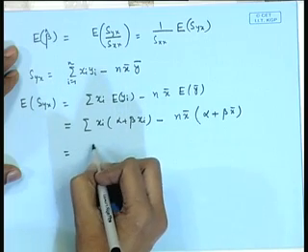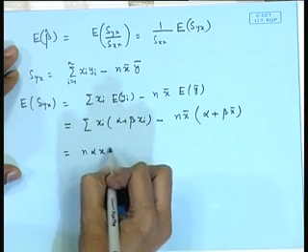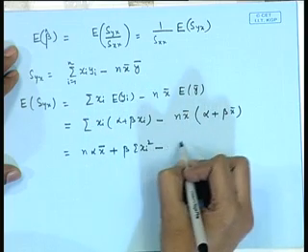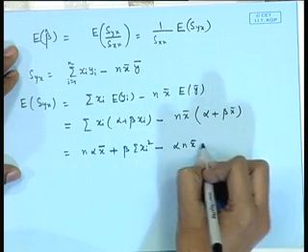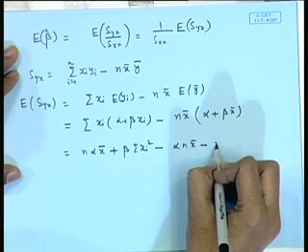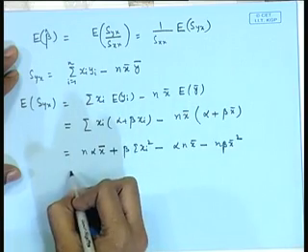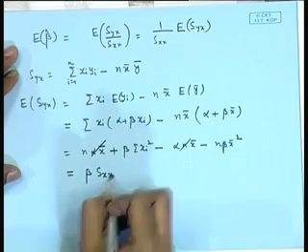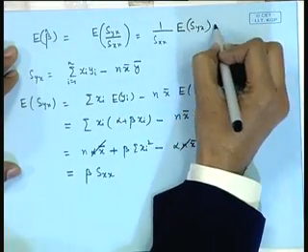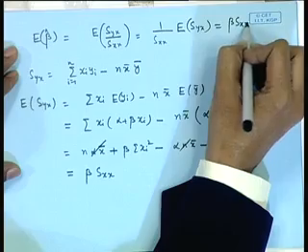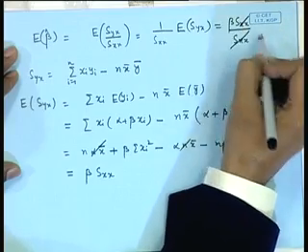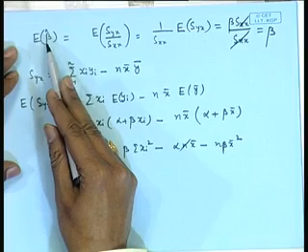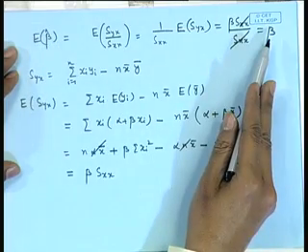So, this term after simplification becomes n alpha x bar plus beta sigma xi square minus alpha n x bar minus n beta x bar square. So, this is becoming beta Sxx. If we substitute this value here, I will get beta Sxx by Sxx, which cancels out, that is equal to beta. So, this beta hat, the least square estimate of beta, is an unbiased estimate for beta.